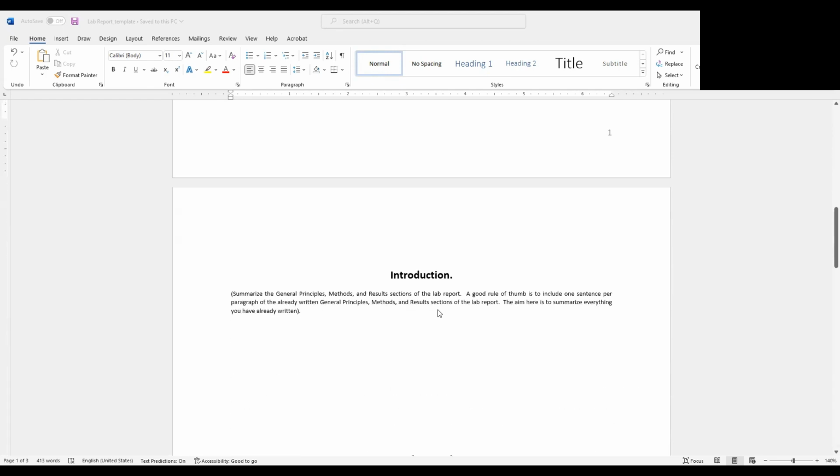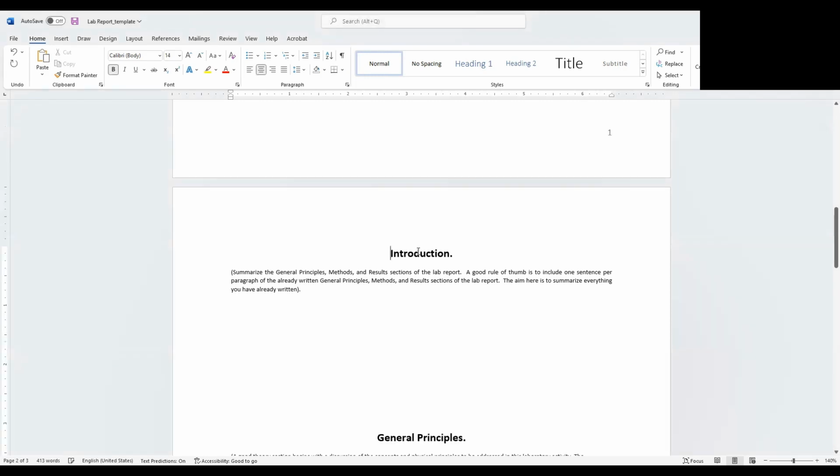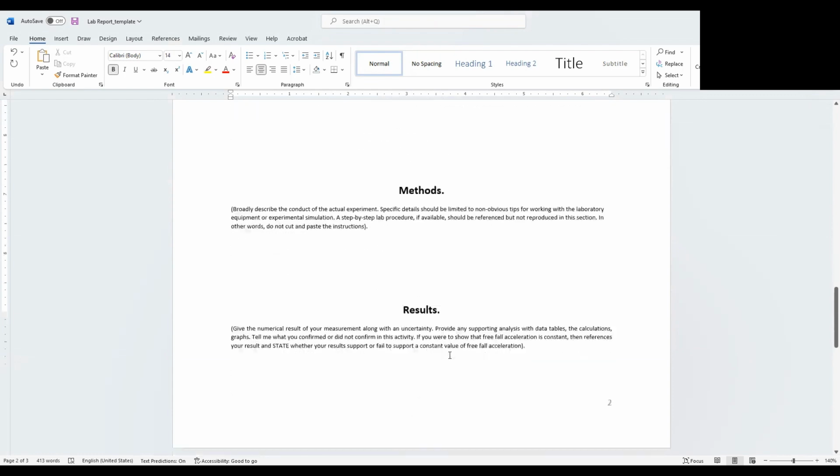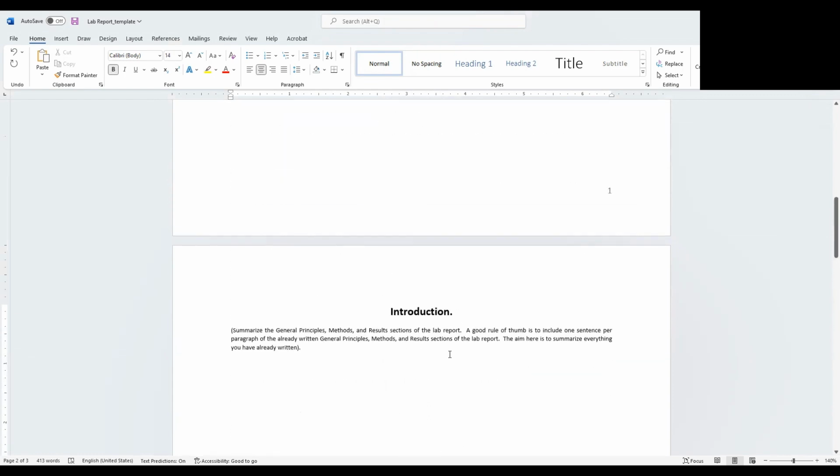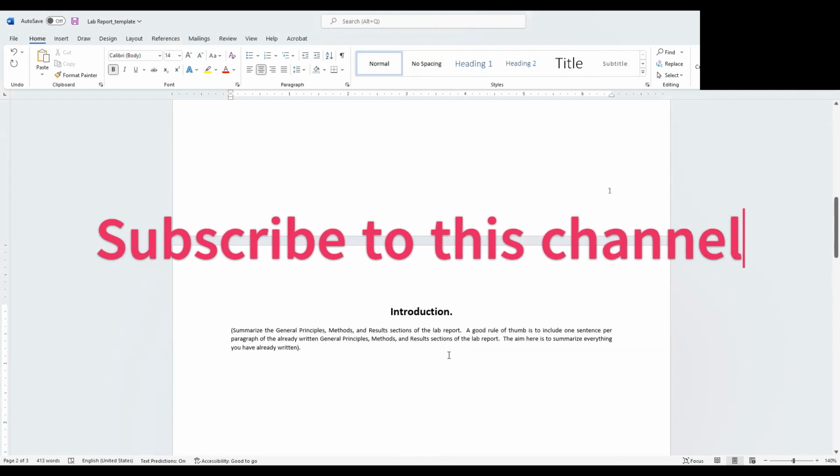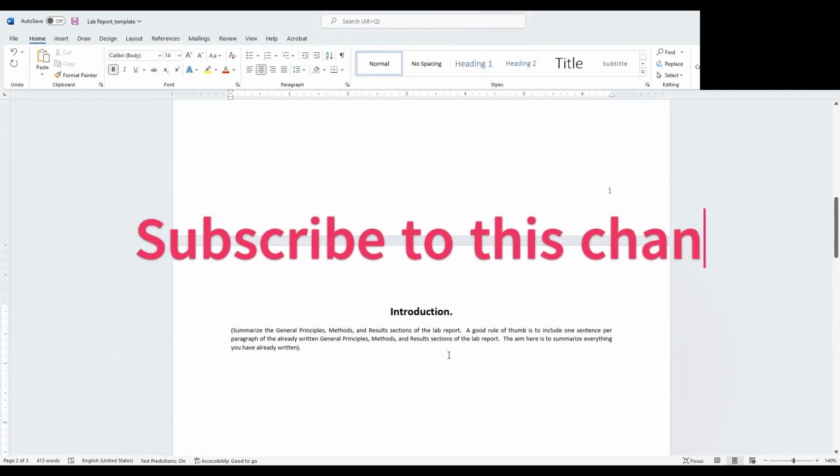The introduction. Again, the introduction would be a section that you will write just before writing the abstract and after writing all these other sections. Regardless that the abstract and the introduction are just the first two sections, they are the last two sections you're going to write.